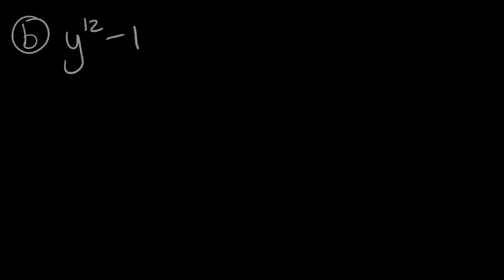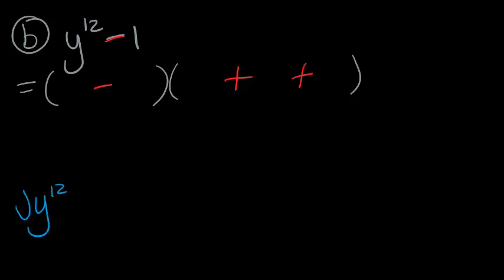y to the power of 12 minus 1 is going to give me two brackets, a binomial and a trinomial. I have the same sign in the first one, then I have the opposite and a plus. So y^12, if I'm doing the cube root, is the same as saying y^12 over 3, which is y^4.